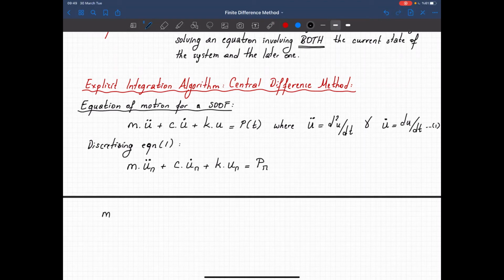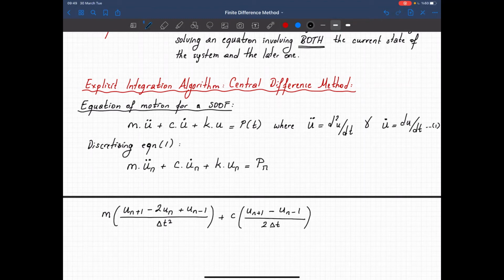So I have m times un plus 1 minus 2 times un plus un minus 1 divided by delta t squared, plus c times un plus 1 minus un minus 1 divided by 2 times delta t, plus k times un should give me pn.